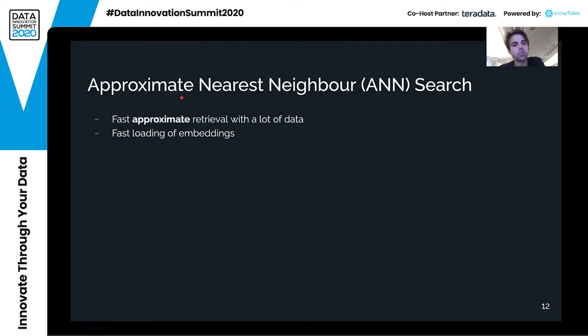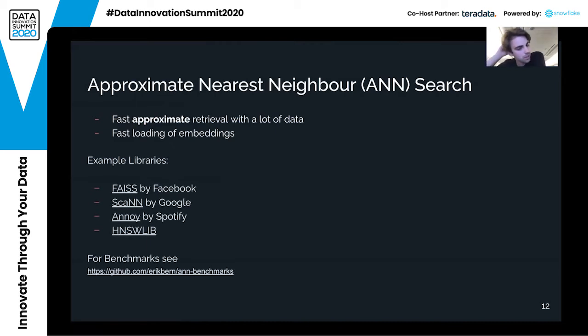They allow for fast but approximate retrieval with a lot of data. So you can scale up to millions or maybe even billions of data points and still have a fast retrieval of similar items. Some of those libraries also allow loading the embeddings in a very fast way, which you don't necessarily get if you have to load big NumPy arrays.